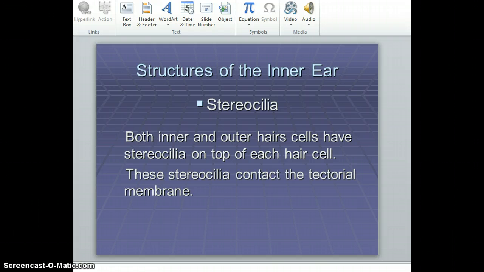Stereocilia. Both inner and outer hair cells have stereocilia on top of each hair cell. These stereocilia contact the tectorial membrane. So on the top of each inner and outer hair cell, they look like they have little hairs at the top, and that is the stereocilia.